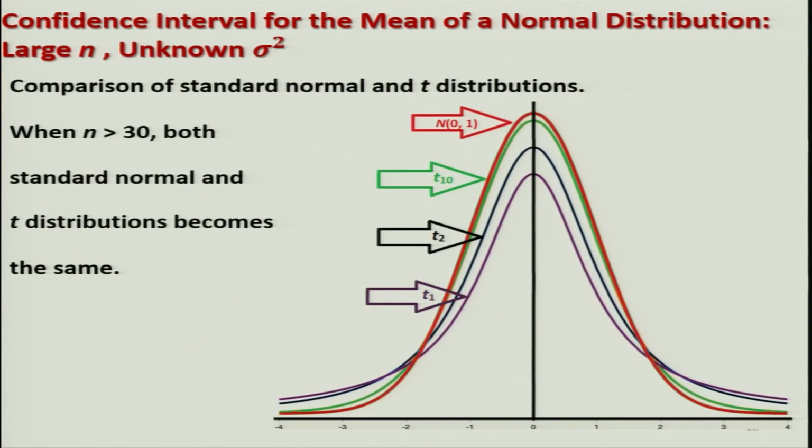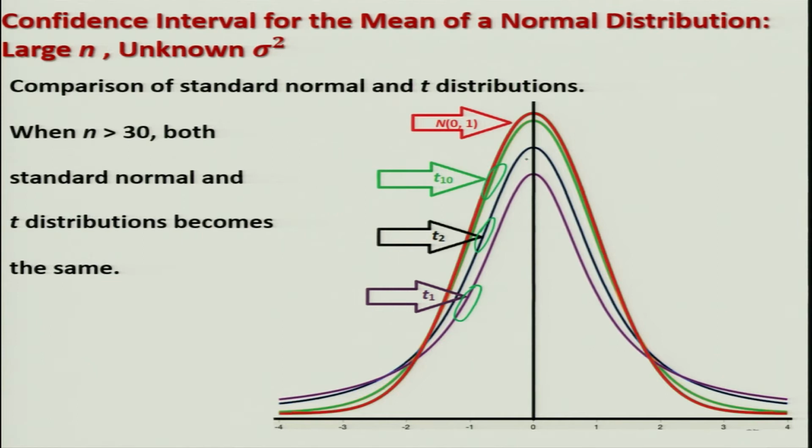Now, to get convinced, I have constructed some graphics. You can see here the curve for the t distribution with 1 degree of freedom, this black curve is the t distribution with 2 degrees of freedom, and this green curve is the t distribution with 10 degrees of freedom.